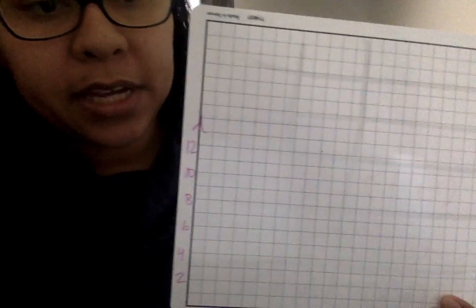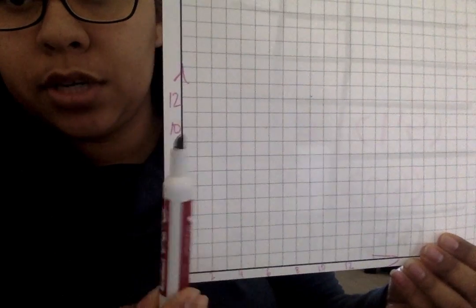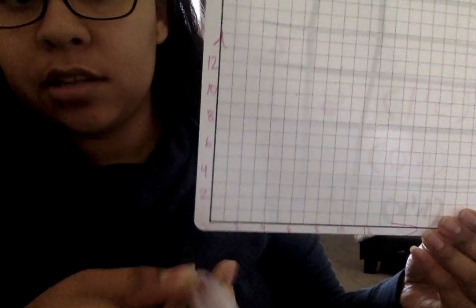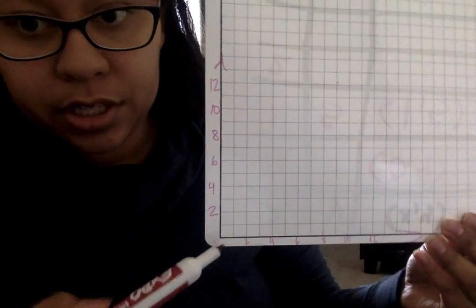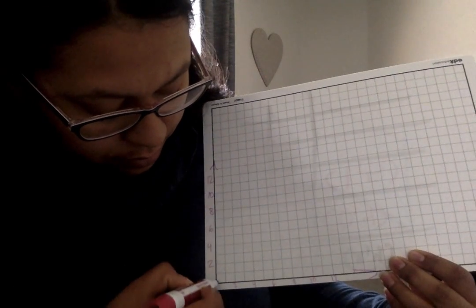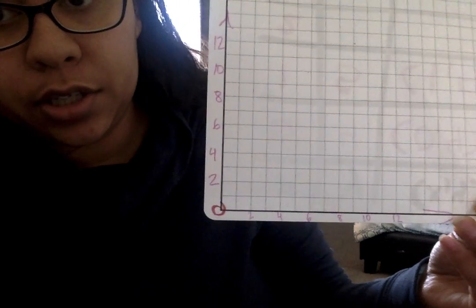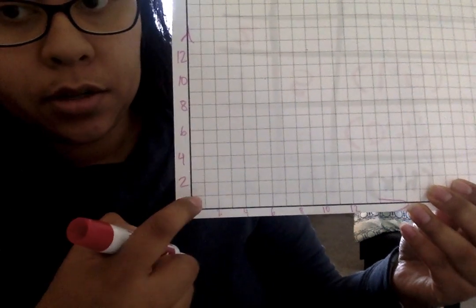Okay, so now problem A says plot each point on the coordinate plane. Here's my coordinate plane that looks similar to the one on your paper. Here's the origin, 0, 0, right in the corner.